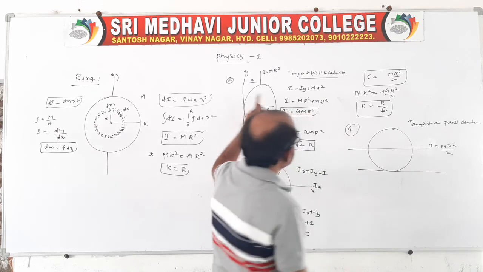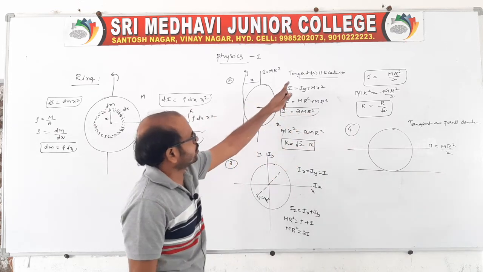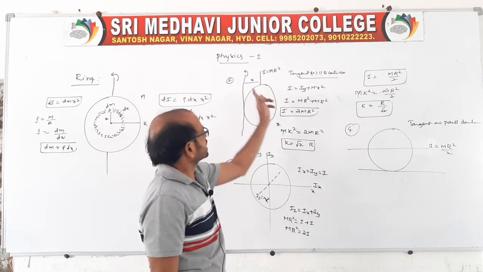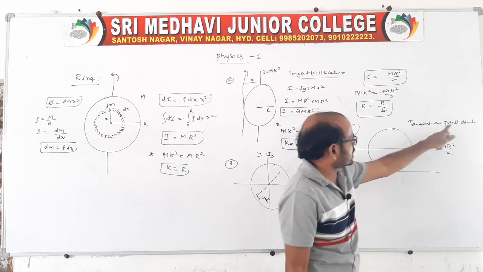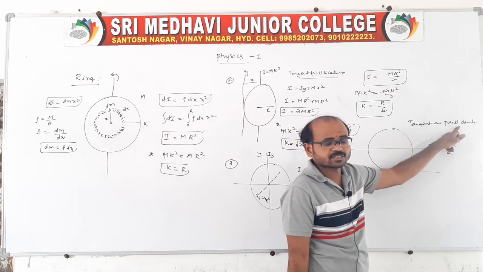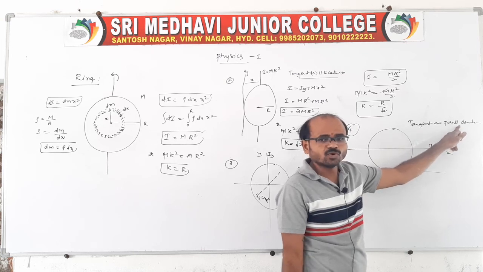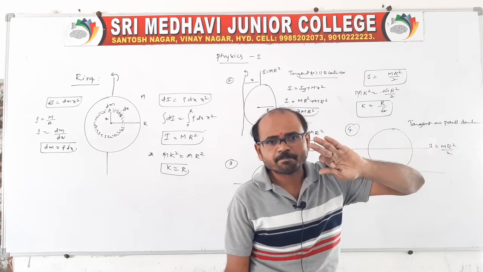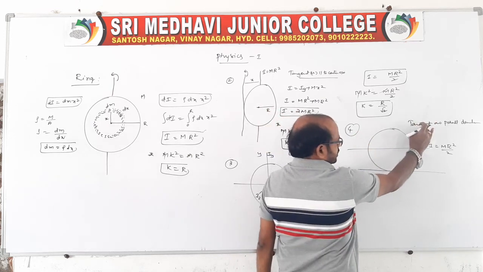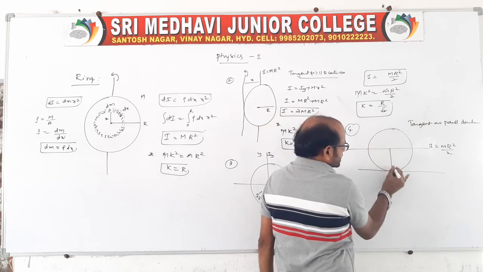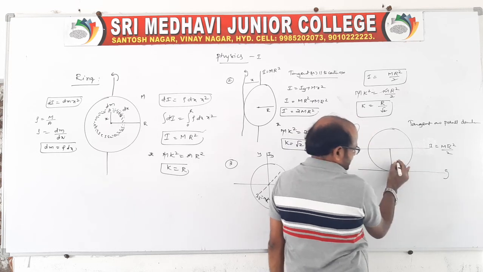You see the comparison between these two, because both are tangent only, but this tangent is parallel to the center axis and this tangent is parallel to the diameter. You remember it, this is very important. Both are tangent only, but one is parallel to the diameter and one we can say is parallel to the center axis.